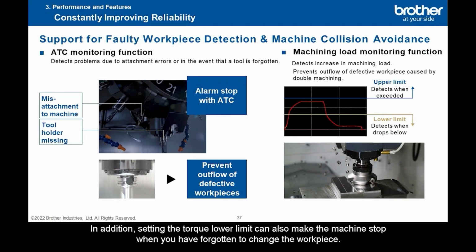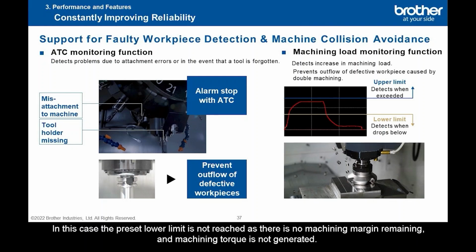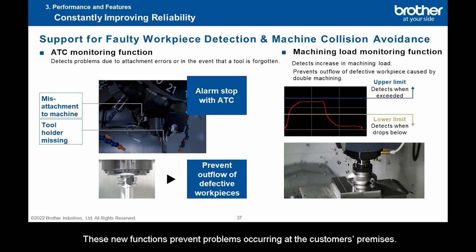In addition, setting the torque lower limit can also make the machine stop when you have forgotten to change the workpiece. In this case, the preset lower limit is not reached as there is no machining margin remaining, and machining torque is not generated. These new functions prevent problems occurring at the customer's premises.